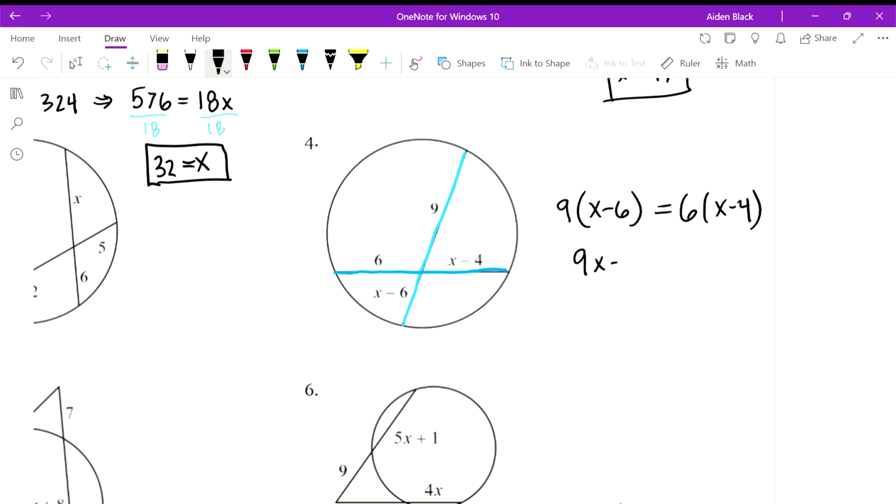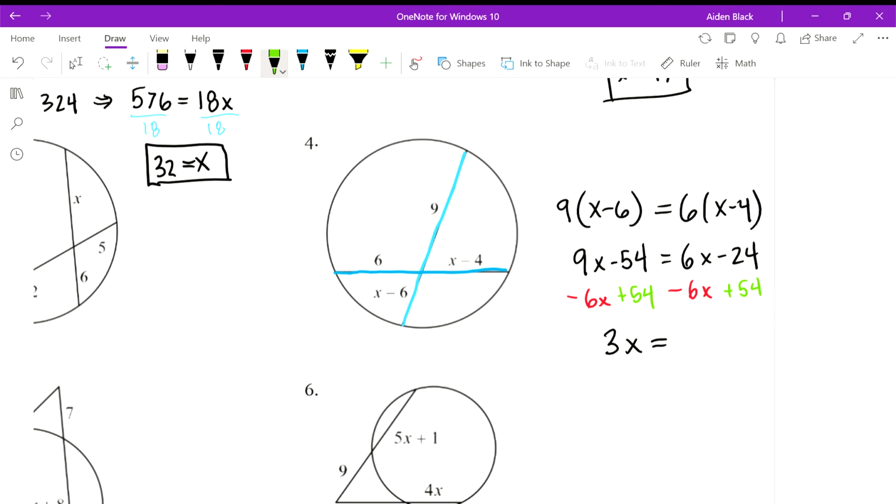Distribute. Let's start by subtracting 6x from both sides. We end up with 3x is equal to, and then let's add 54 to both sides.